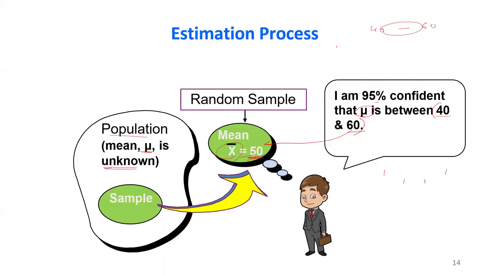Now you would be thinking, why can't we go with 100% confidence? If we go with 100% confidence, this interval will not make any sense. Sometimes it may show you minus infinity to plus infinity. If you give such a wide interval to anybody, it will be of no value, right? If I say how many kilometers a person walks is from 0 to 100 kilometers, I don't think there is any possibility that anyone will walk more than 100 kilometers in a day.